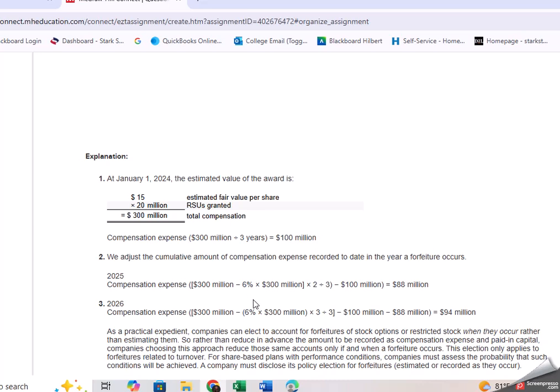So we take our 300 million minus the 6%, and then we're going to multiply that by the 2 years, because now we're at the end of 2025, and then we're going to divide it by 3.